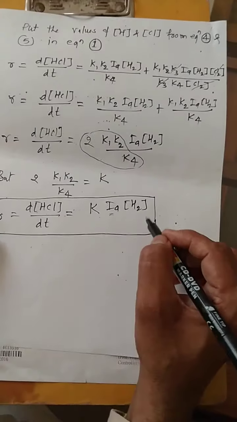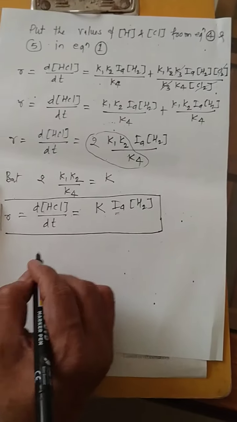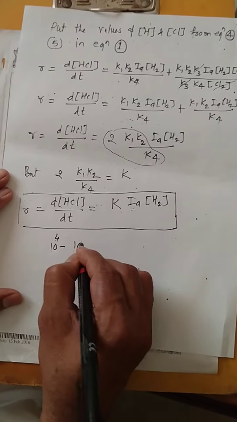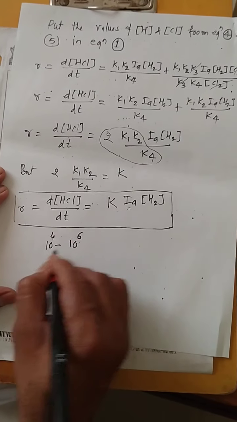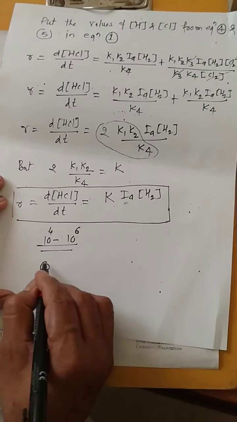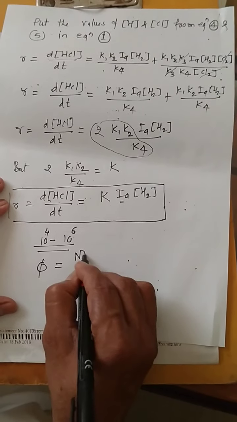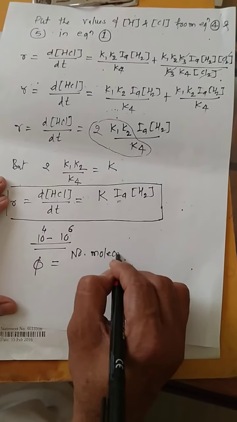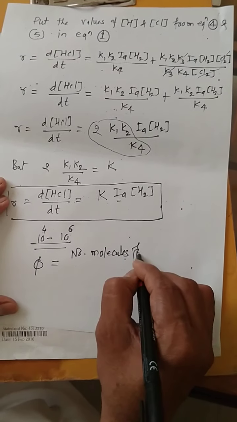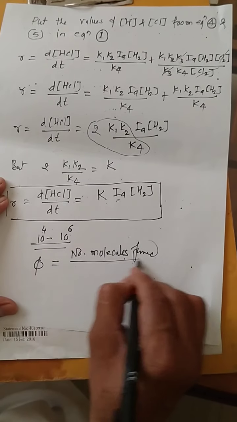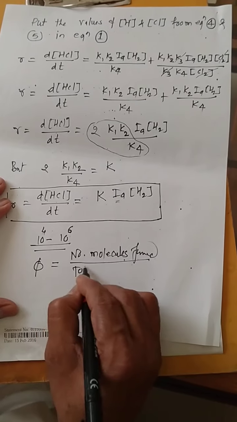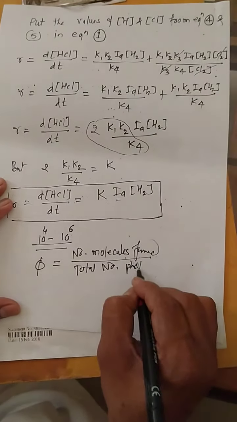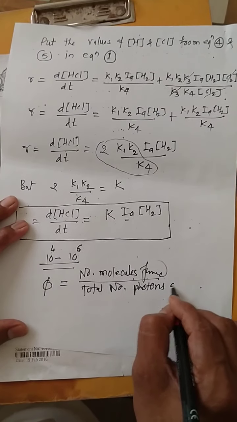Now the quantum yield of this reaction is nearly about 10 to the power 4 to 10 to the power 6. Quantum yield means the number of molecules formed divided by the total number of photons absorbed.